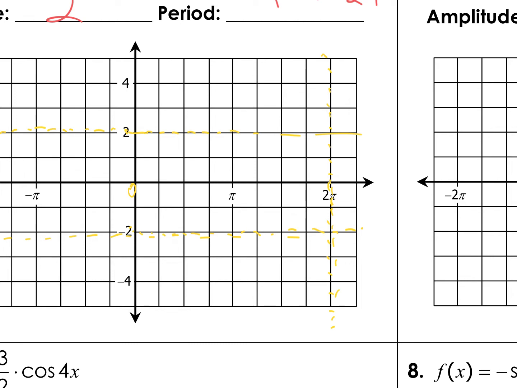Now, you want to know another secret that I tend to do to graph my sine curve? What I do is I take 0 to 2 pi, and I try to divide this rectangle into 4 equal pieces. So if I go from 0 to 2 pi, what would the middle be? Up high.